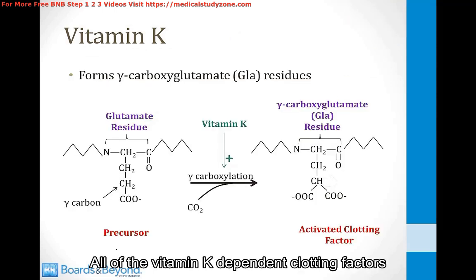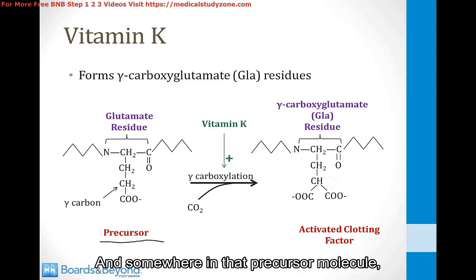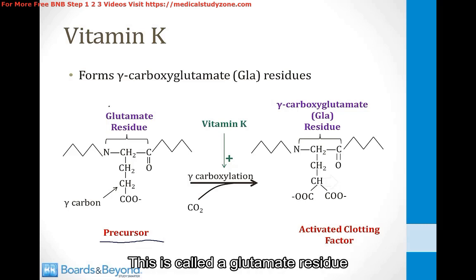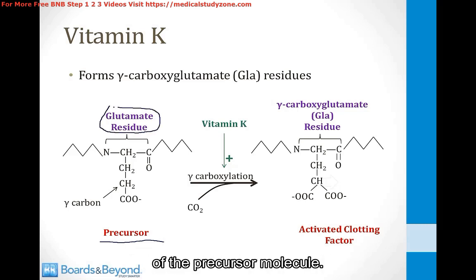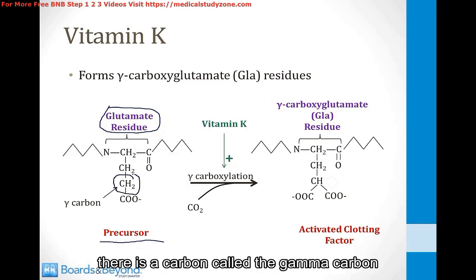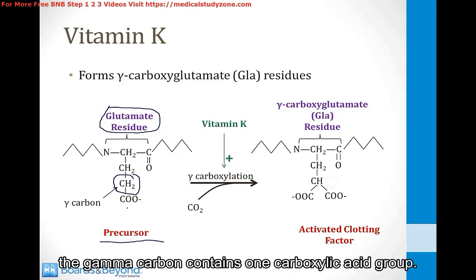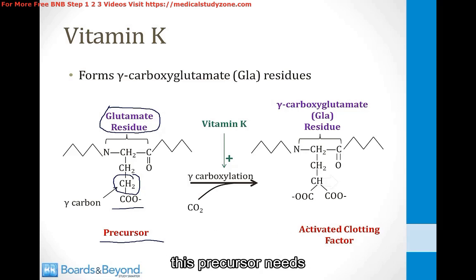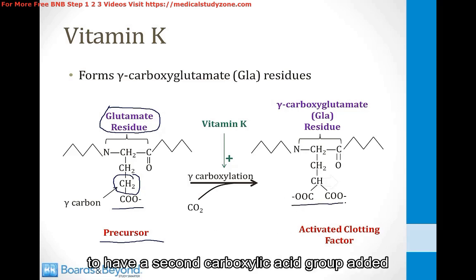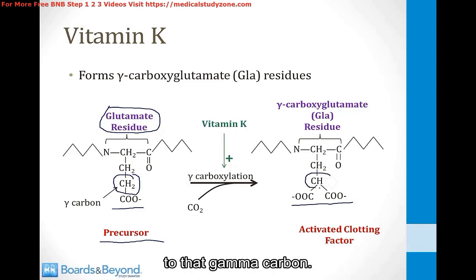All of the vitamin K dependent clotting factors are synthesized as an inactive precursor, and somewhere in that precursor molecule there is a portion of the molecule that looks like the amino acid glutamate. This is called a glutamate residue of the precursor molecule. Within that glutamate residue, there is a carbon called the gamma carbon, and initially in the precursor form, the gamma carbon contains one carboxylic acid group. To become activated, this precursor needs to have a second carboxylic acid group added to that gamma carbon.